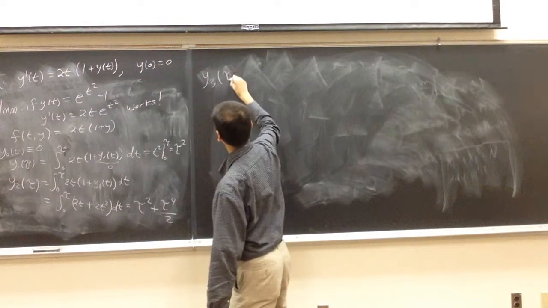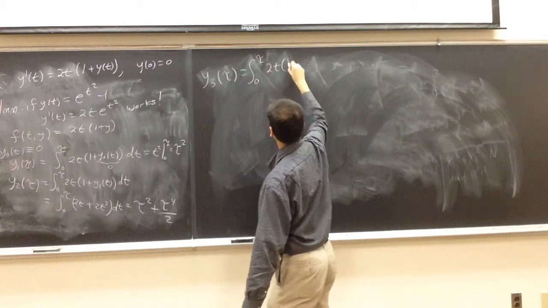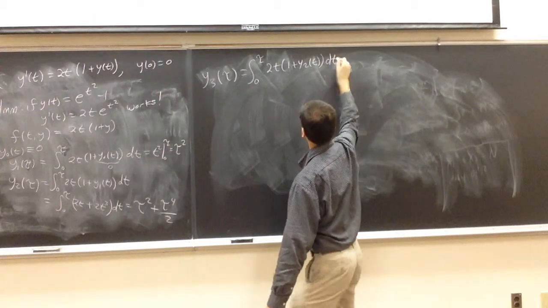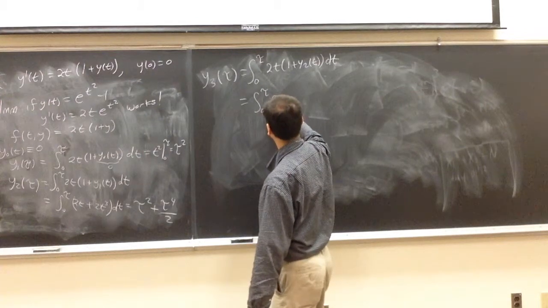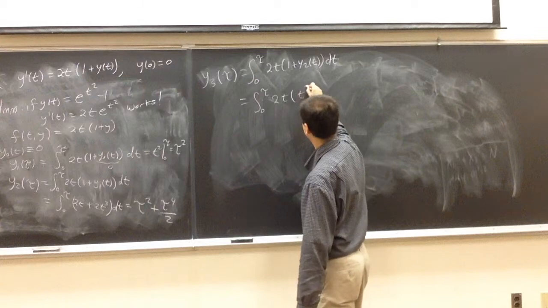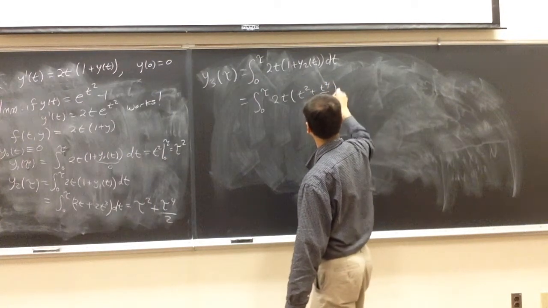So y3 of tau would be the integral from 0 to tau of 2t times 1 plus y2 of t, dt. So we have 2t, and y2 of t is going to be t squared plus t to the 4th over 2.